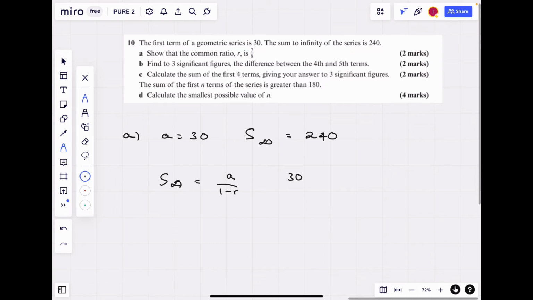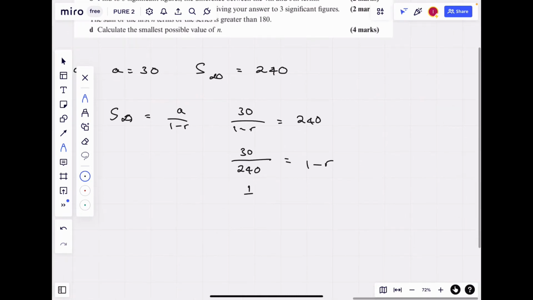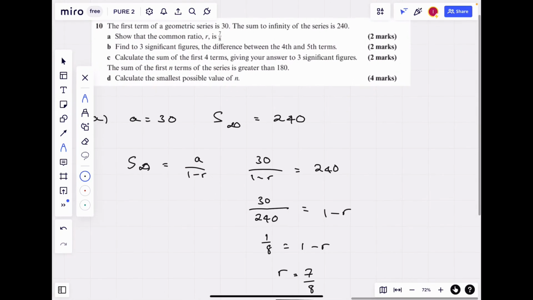So that means 30 over 1 minus r is equal to 240. So 30 over 240 is equal to 1 minus r. So that means 1/8 is 1 minus r. r is 7/8. Okay, that's part A done.